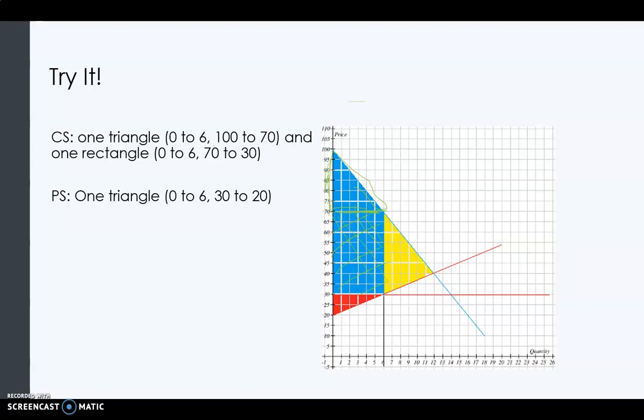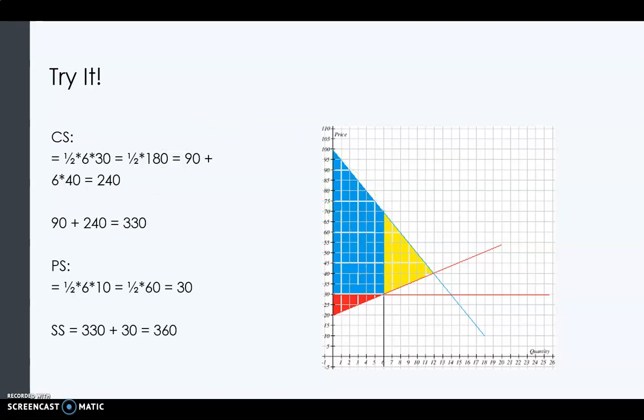So the triangle goes from 0 to 6 on the base and 100 down to 70 on the height. The rectangle is base of 0 to 6, height 70 down to 30. And then producer surplus, the base is 6 and the height is 10.